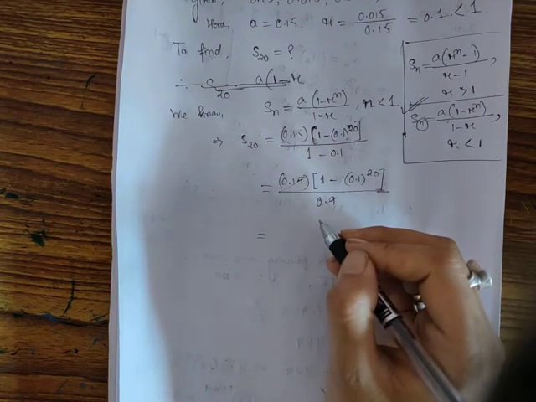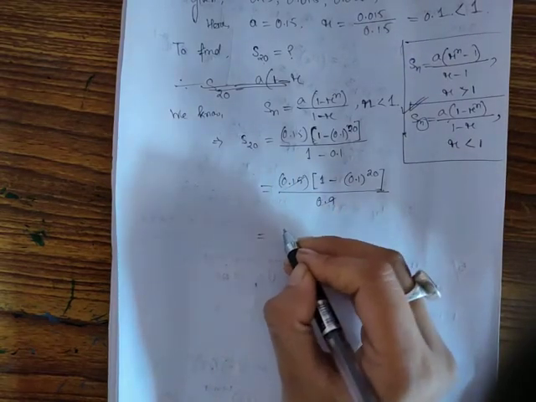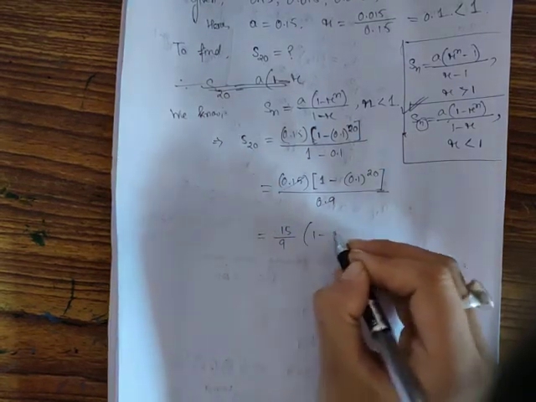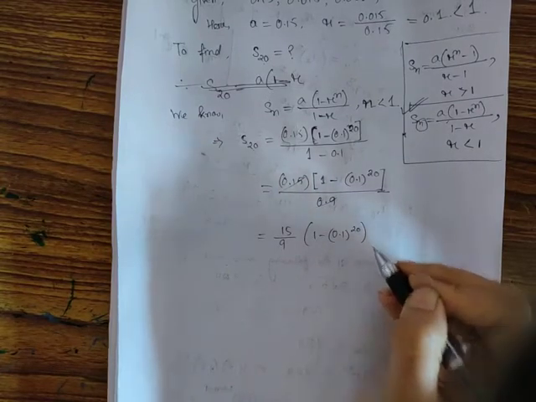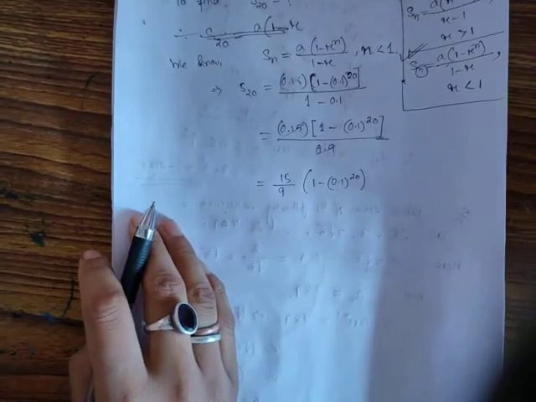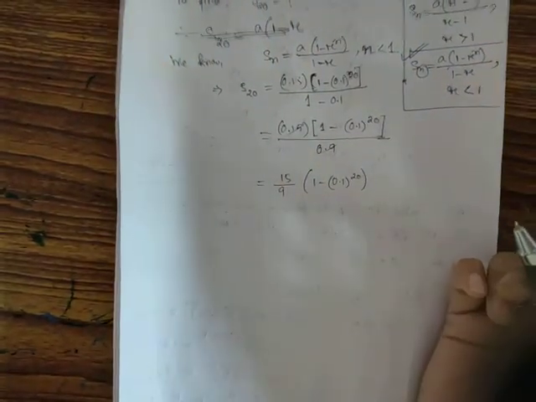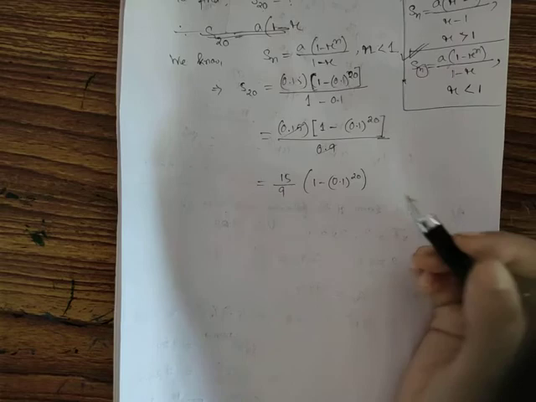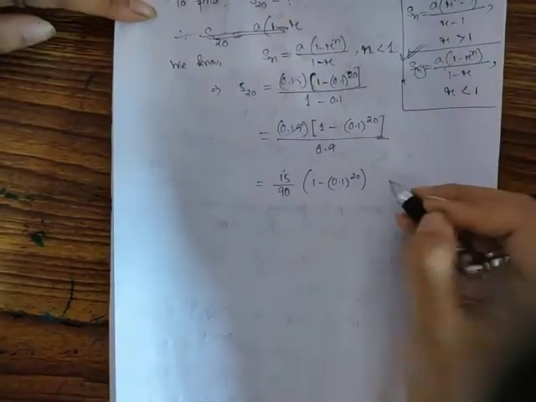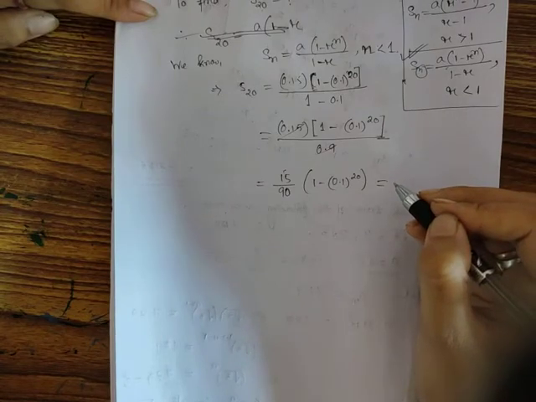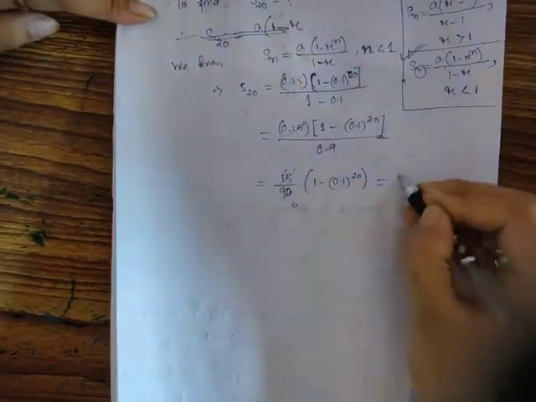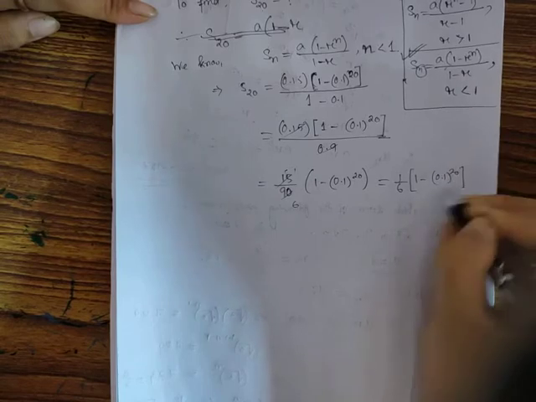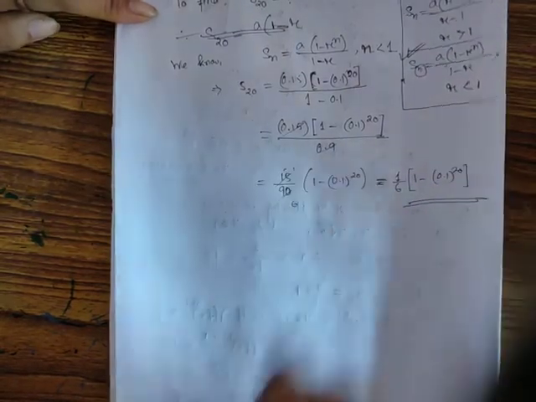We will have 15 by 9, 1 minus 0.9 to the power 20. So this is your desired answer.